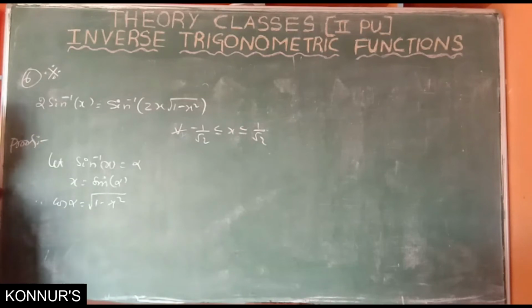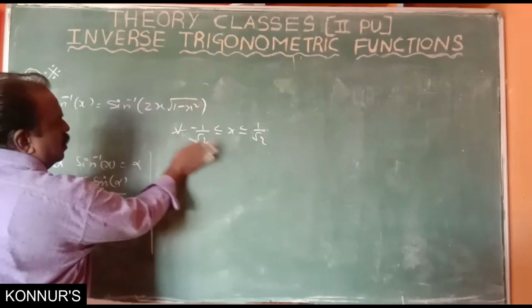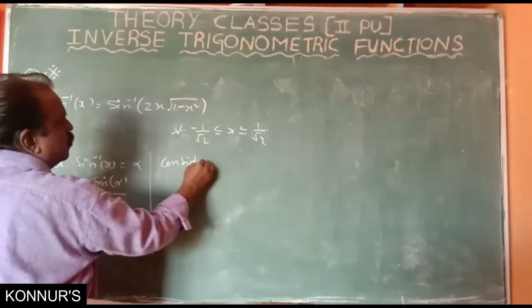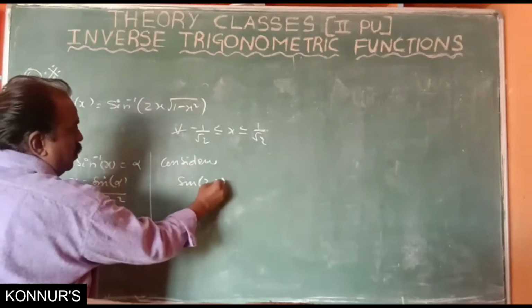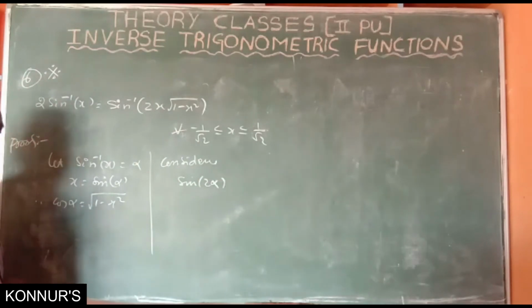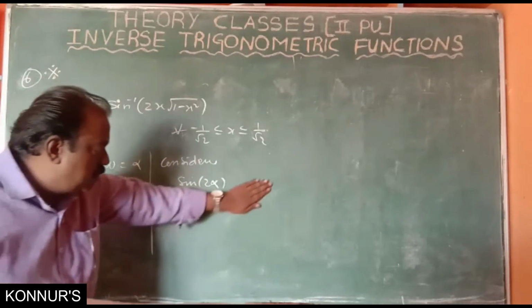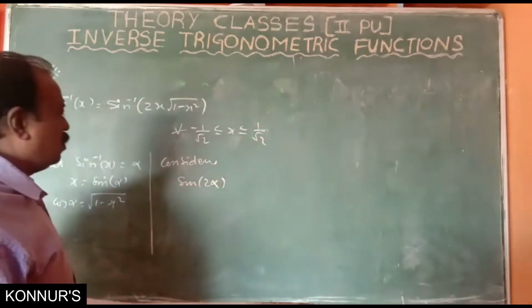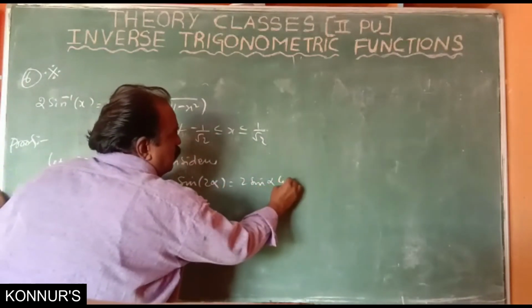Now we consider sine 2 alpha. We are taking the identity: sine 2 alpha is equal to 2 sine alpha cos alpha.